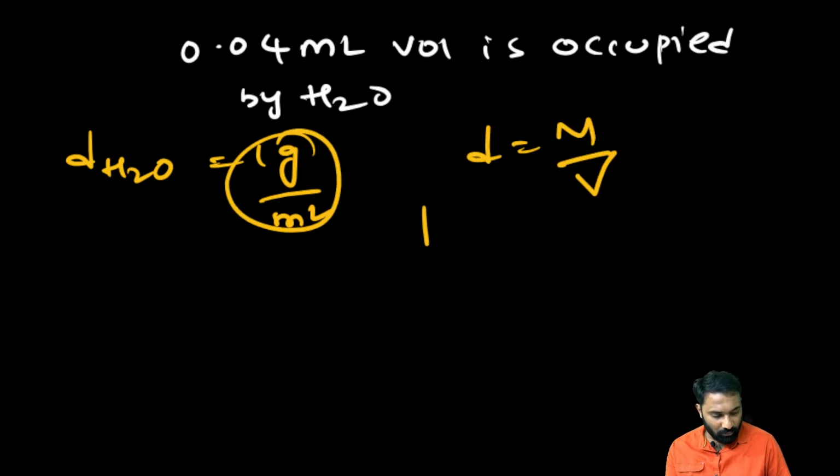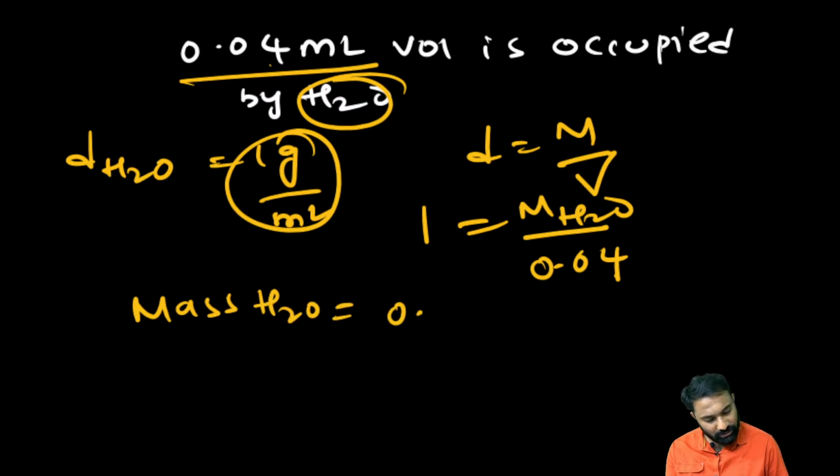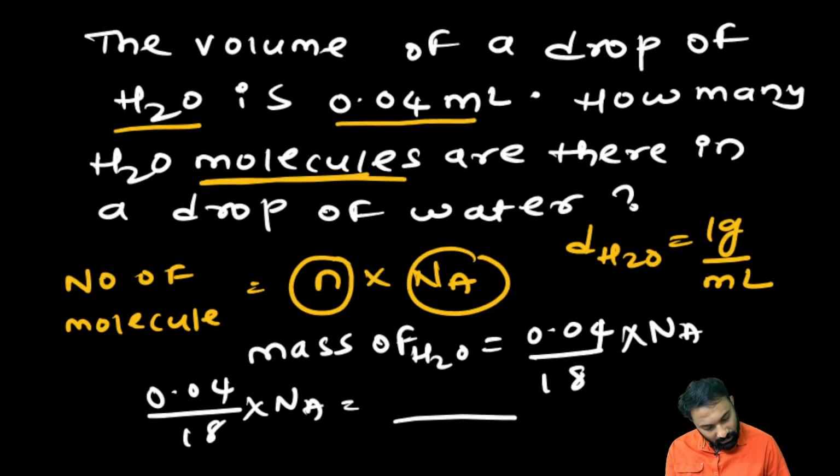Density is 1, volume is 0.04, so mass of H2O will be 0.04 gram. For this 0.04 gram, he is asking how many H2O molecules are there in the drop of water.